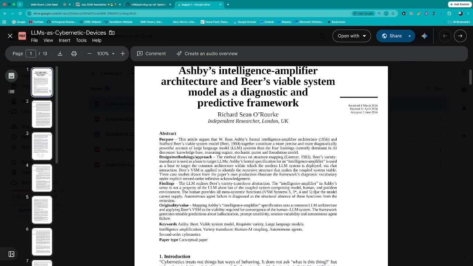It doesn't matter what the architecture of the large language model is. It's just capturing that interaction. And then Beer's viable systems model is required to look at the convergence of these two systems and how they're processing information. The framework generates testable predictions about hallucination, prompt sensitivity, session variability, and autonomous agent failure.